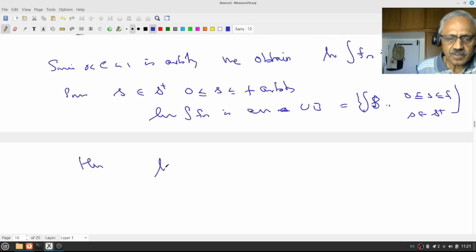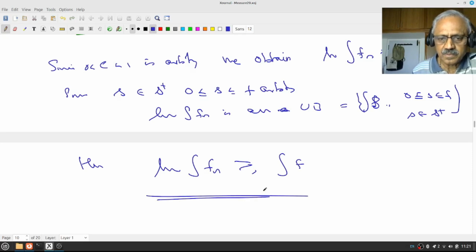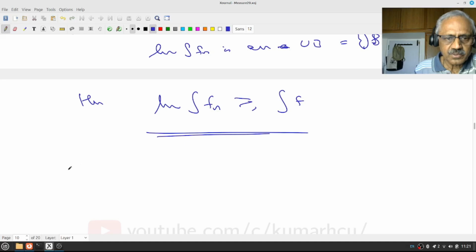Hence, the limit of the integral of fn is greater than or equal to the integral of f. So, we already had noticed this is less than or equal to the integral of f. Therefore, theorem proved.